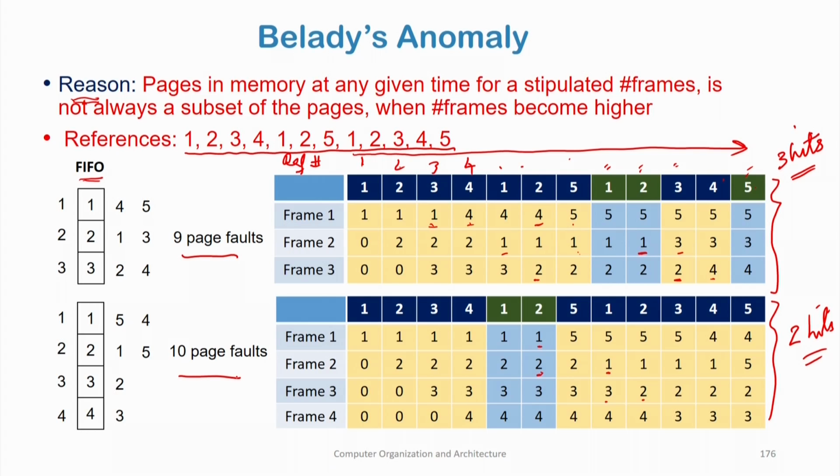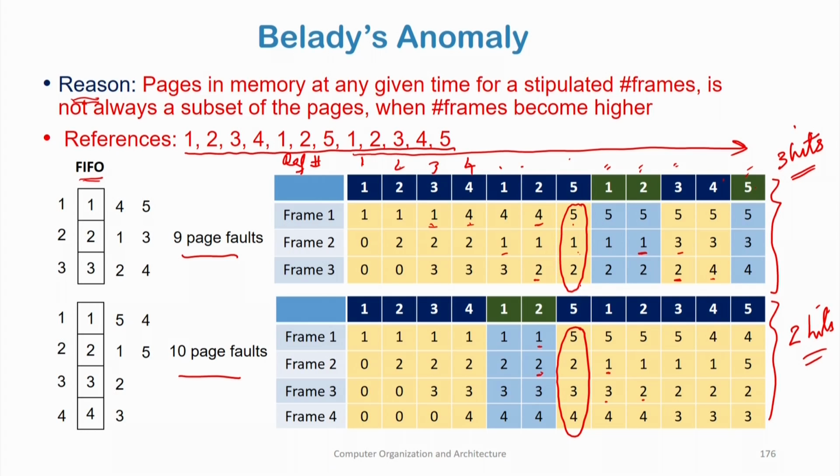Now, let us see why this has happened. At this position I have 5, 2, 3, 4 in the 4 frames, and here I have 5, 1, 2.